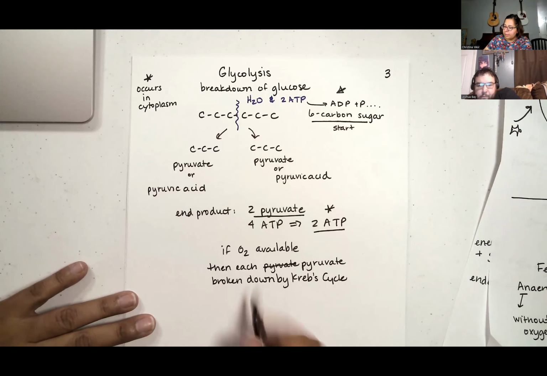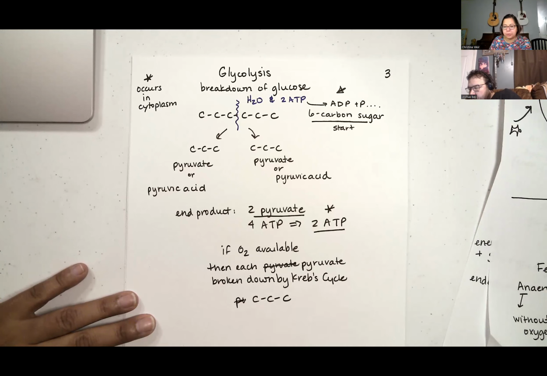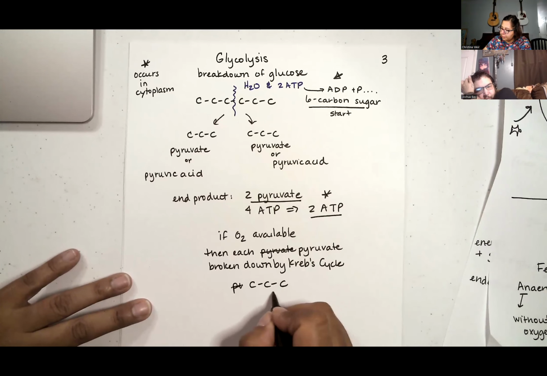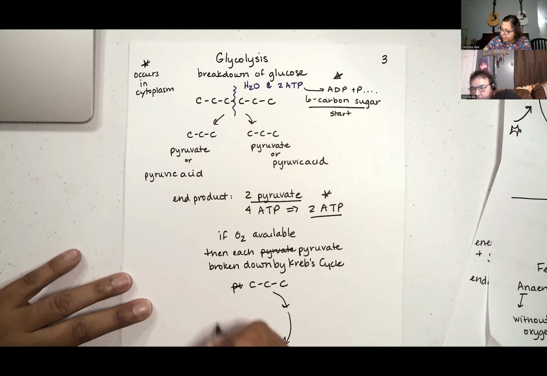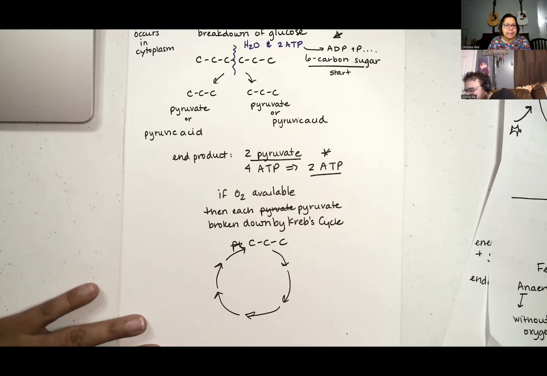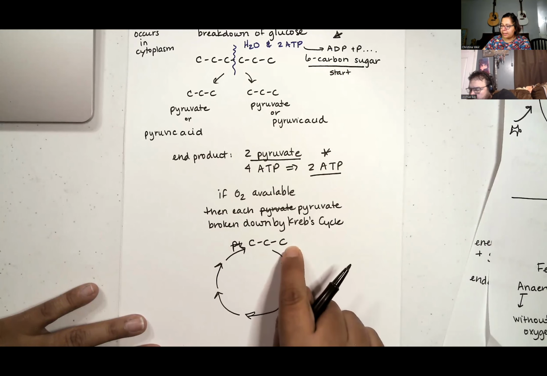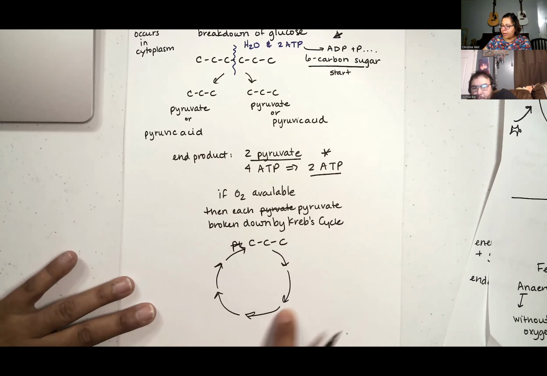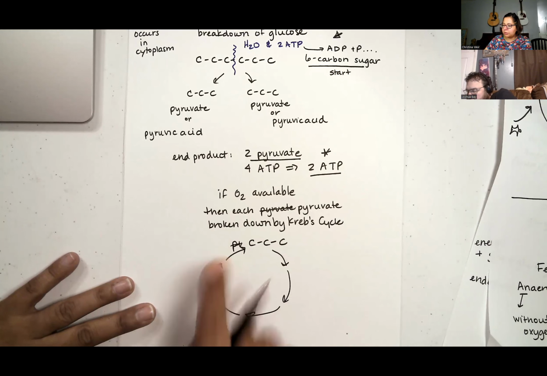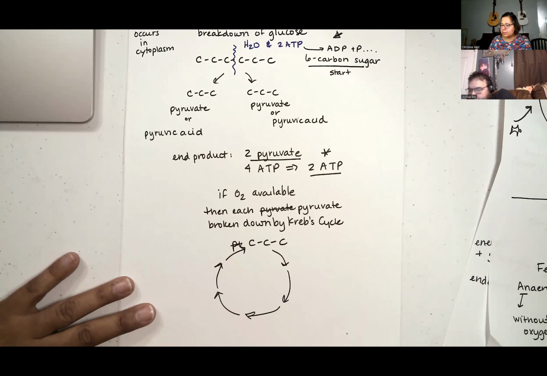So here comes, I'm just going to draw 1 pyruvate. It's a 3-carbon sugar. This pyruvate enters a series of chemical reactions. How many? If I remember correctly, I think it's like 9 chemical reactions, or maybe 8. And what's crazy is pyruvate gets broken down, and then at the end, it's turned back into a starting product.